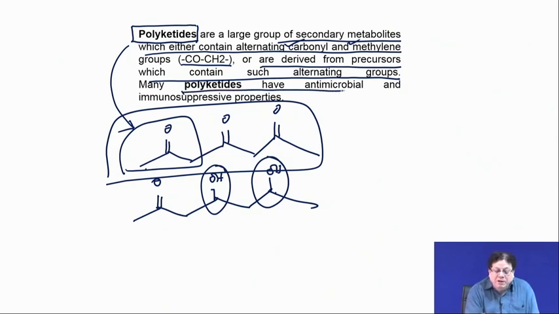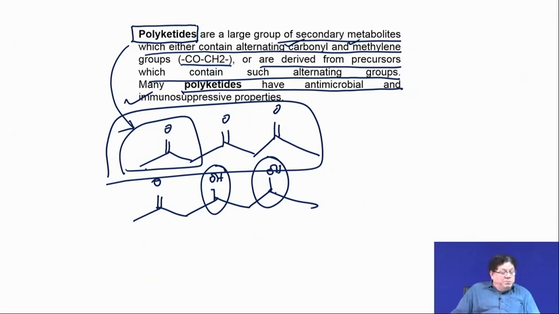Many polyketides have good antimicrobial properties, some are anti-cancer drugs and some are immunosuppressive agents. In fact, a major proportion of the natural products used as antimicrobial or anti-cancer agents are derived via the polyketide mechanism, or they belong to the class of polyketides.